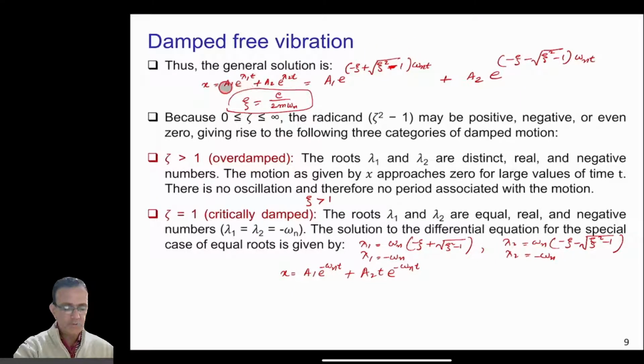Compared to the earlier case, it was a1 e lambda 1 t plus a2 e lambda 2 t. But because in this case the roots are the same, we have to use this t here.